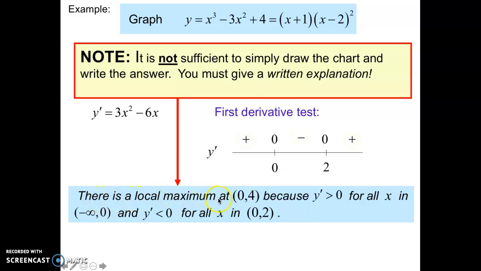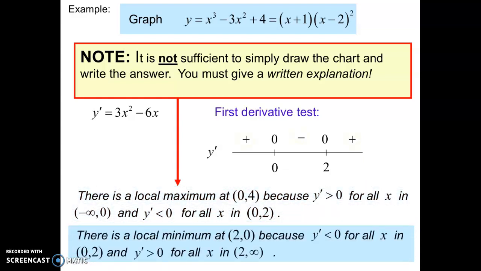So there's a local maximum at the point (0, 4) because the first derivative is positive for all x from negative infinity to 0, and then negative for all x from 0 to 2. That means we have a critical point at x equals 0. The derivative is changing sign from positive to negative around that critical point, therefore causing a local maximum.